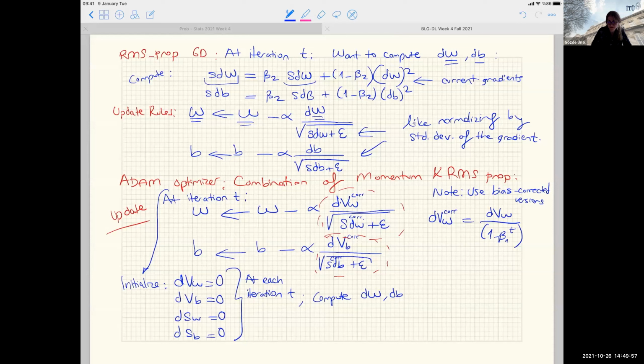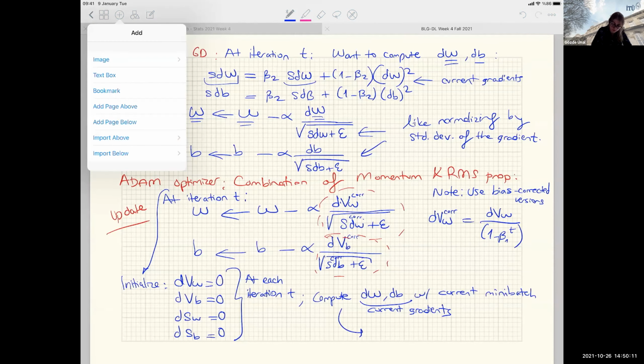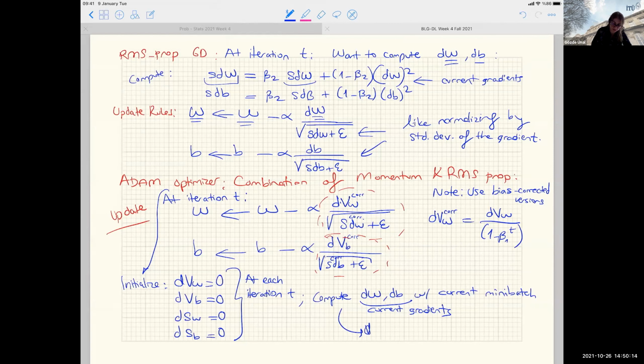And then with the current gradients, we also compute these momentum accumulations, VW, VB, and SW, SB. If you do all these computations, we are fine, and we can compute Adam, RMSprop, or momentum. Okay?